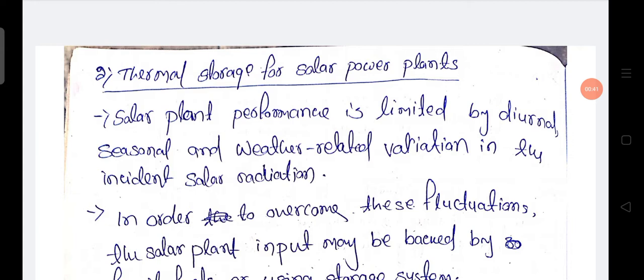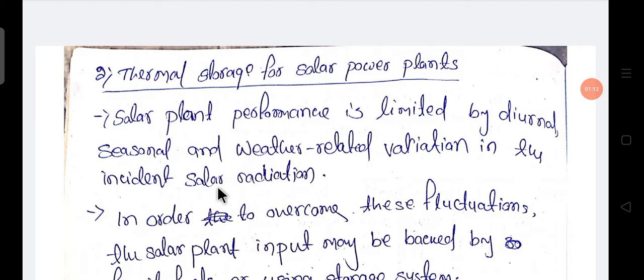Solar plant performance is limited by diurnal, seasonal, and weather-related variation in the incident solar radiation.